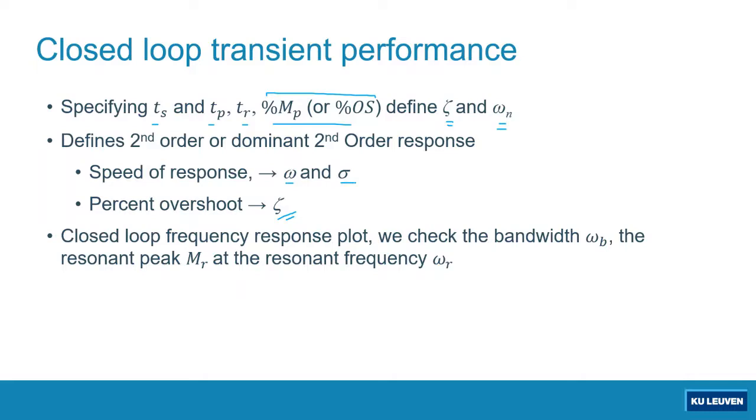Okay, now we are going to find the correlation between TS, TP, TR, and percent overshoot, percent OS, and the features that we can identify from the magnitude plot of our Bode diagram, which are omega b, MR, and omega r.